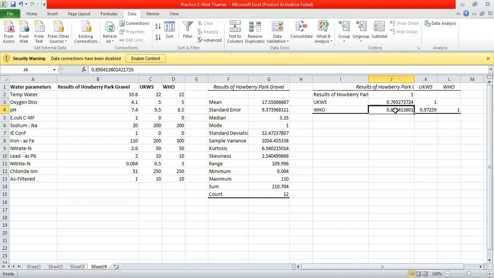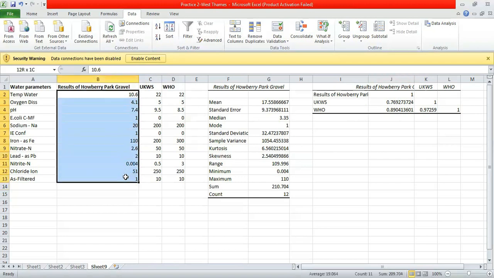So we have here WHO, we see the 0.8. Also, it is positive, very close to 1. But we have to make sure that we are understanding why we are doing this. For example, it's closer to 1, and it means that the values or the test results in general for Howberry Park gravel, it's not actually a good sign.